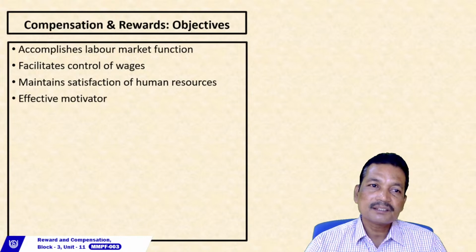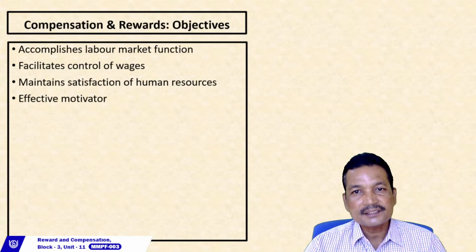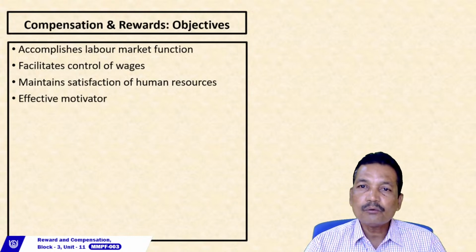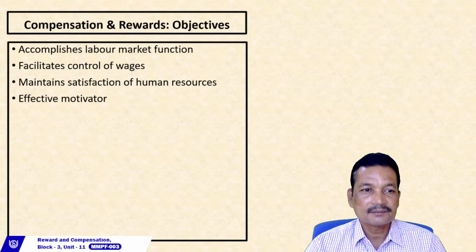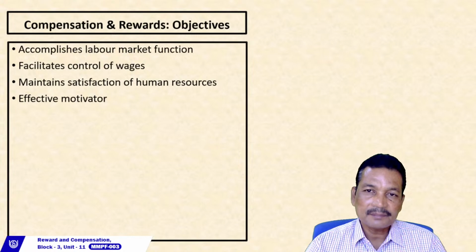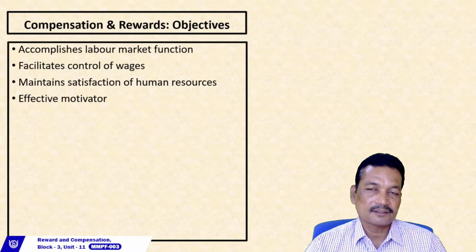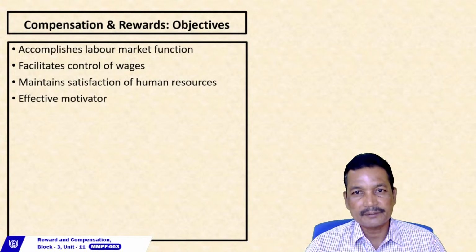So employees will strive to achieve not only the basic requirement for which he or she has been recruited, but to go beyond that in terms of above average performance in order to get higher rewards or better compensation. That means compensation and rewards induce motivation in the minds of the employees. So they act as an effective motivator.